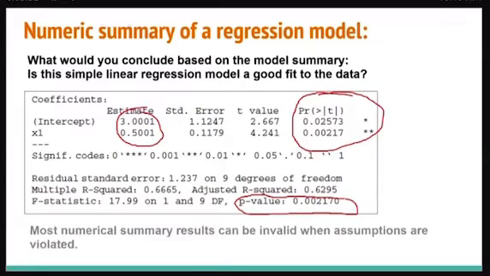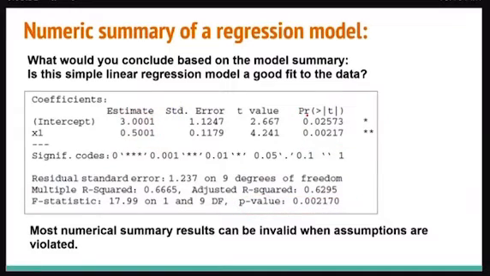But let me tell you this. Most numerical results can be invalid when assumptions are violated. For instance, I need you to pay attention now. Even with all this, if you take a look at the p-value here, what is it telling us? Because the p-value here is less than 0.05, it's telling us the intercept is significant.